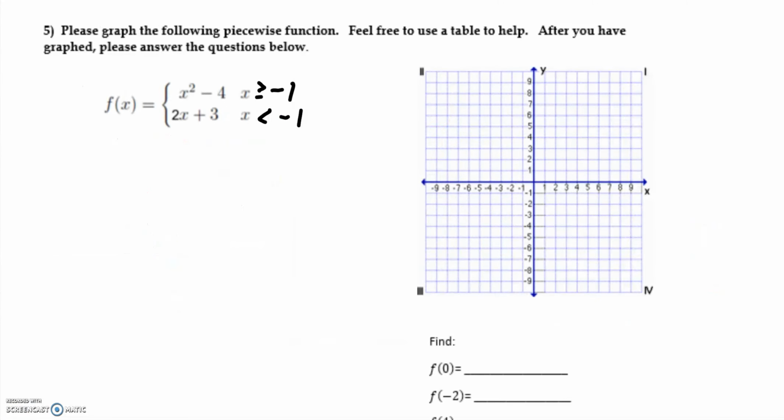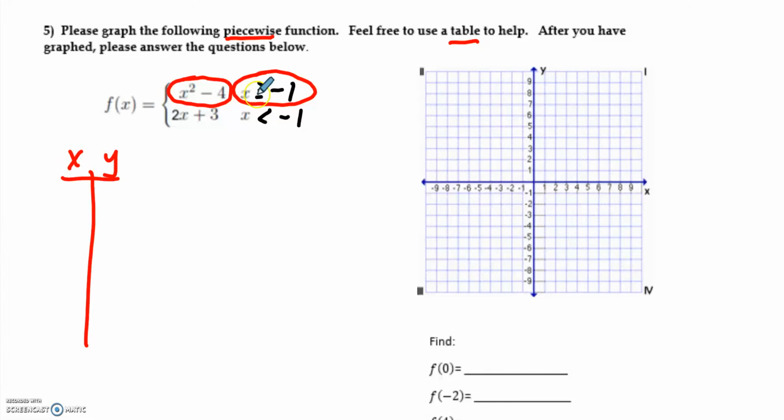If we take a look here at number 5, 5 is a piecewise function, and just like in class, I would suggest to use a table to help you, and we're going to answer these questions once we're done with the graph. The first part of this piecewise function is x squared minus 4, and because it's x squared, I expect it to be a parabola, but this parabola only exists greater than or equal to negative 1. So if I make a quick little table, I start at negative 1, and then greater than or equal to negative 1 would be values like 0, 1, and 2.